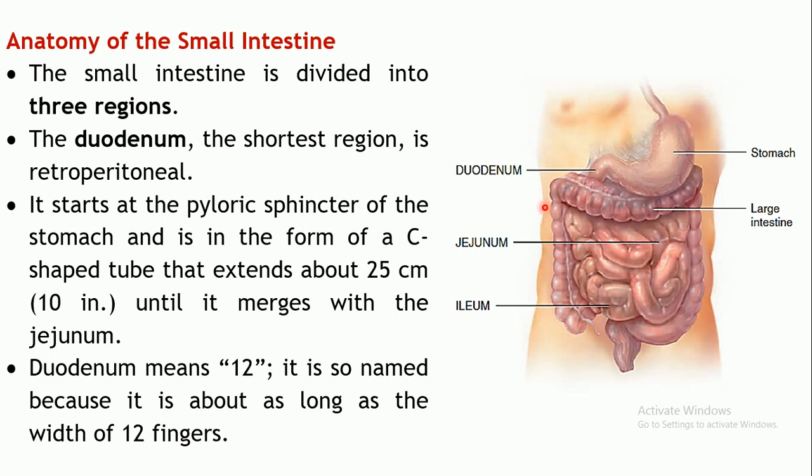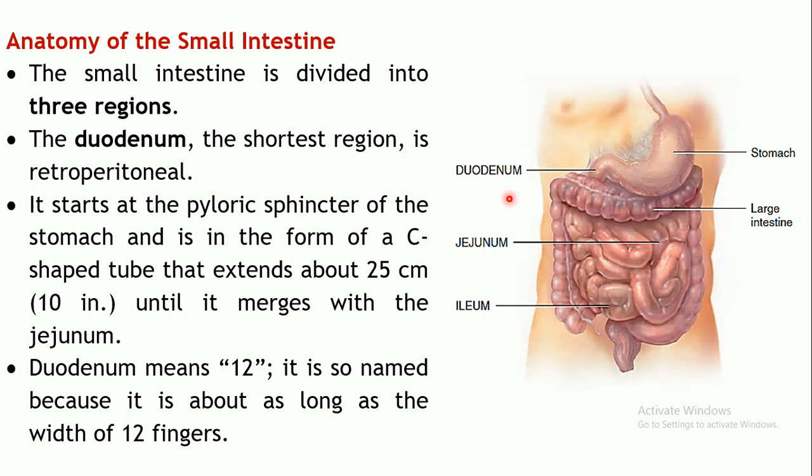So the liver will be present over here, and just inferior to that lies the C-shaped first tube-like structure of the small intestine, the duodenum, round about 25 centimeters in length. Further it will merge with the next part, the jejunum.